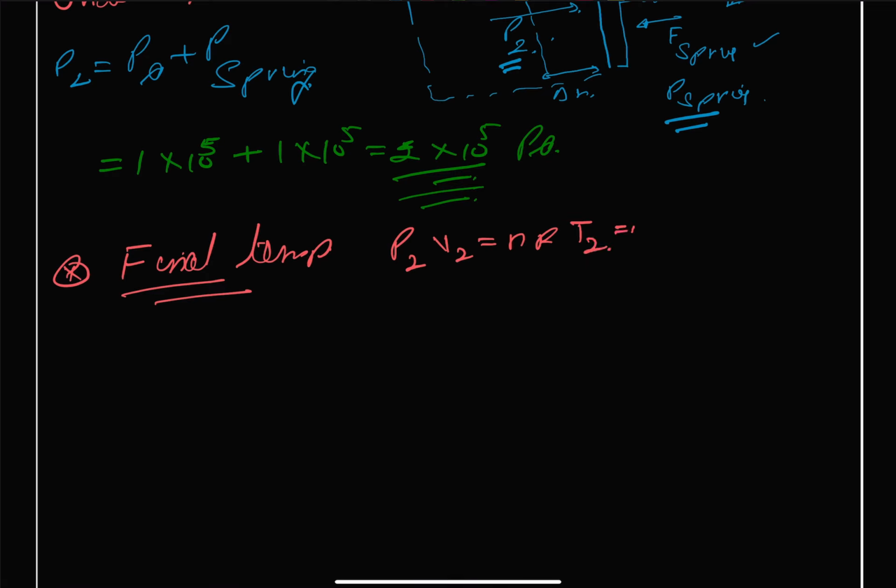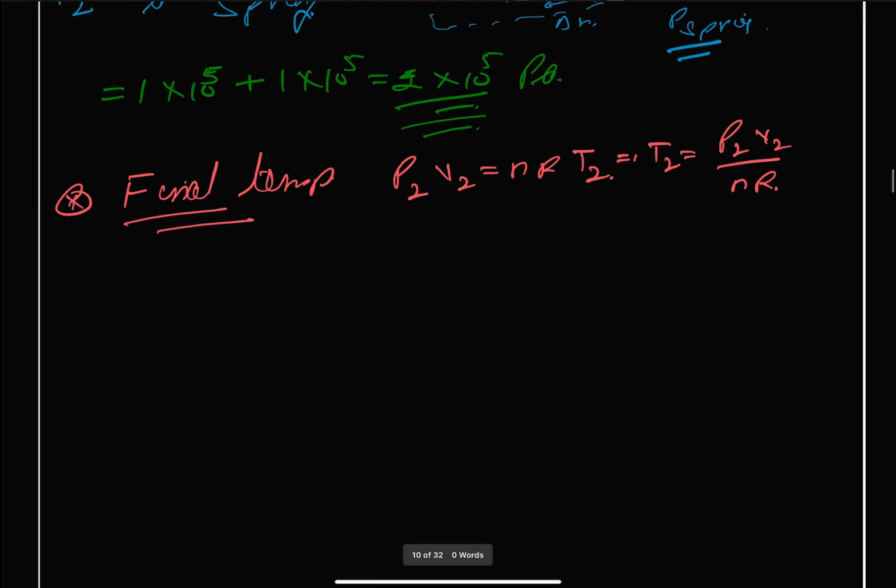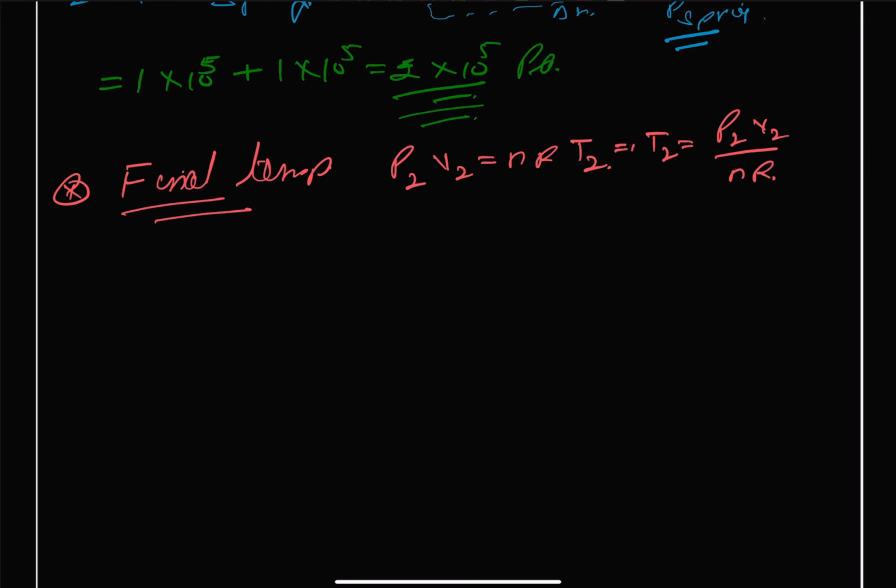From here we can say T2 is equal to P2 V2 divided by nR. All the values we know, we simply substitute them. We get T2 is equal to 2 into 10 to the power 5 multiplied by V2, that is 3.2 into 10 to the power minus 3.